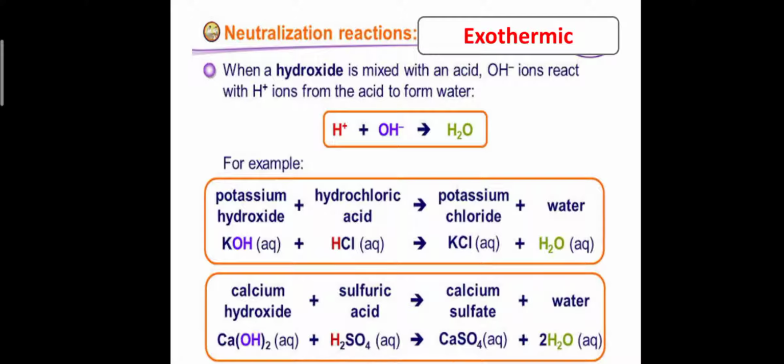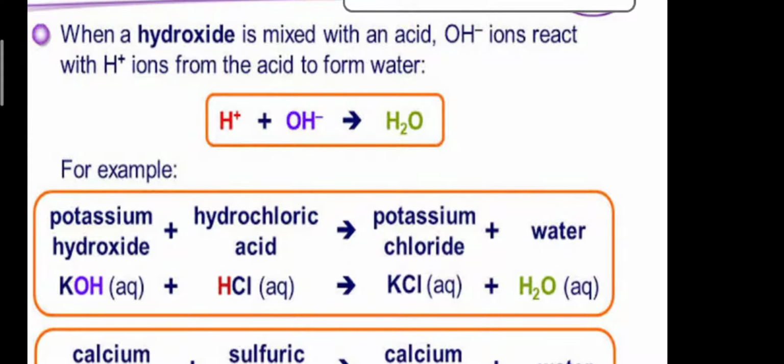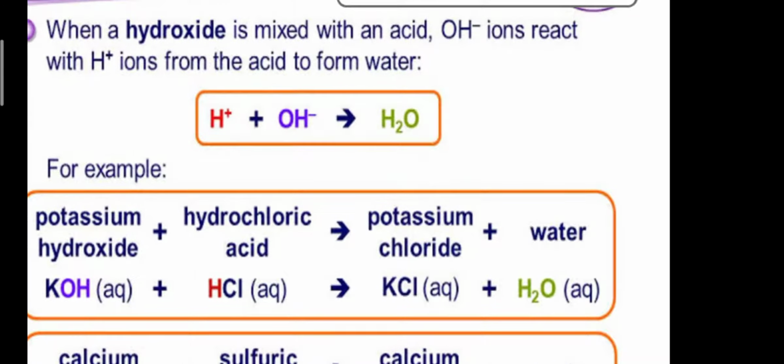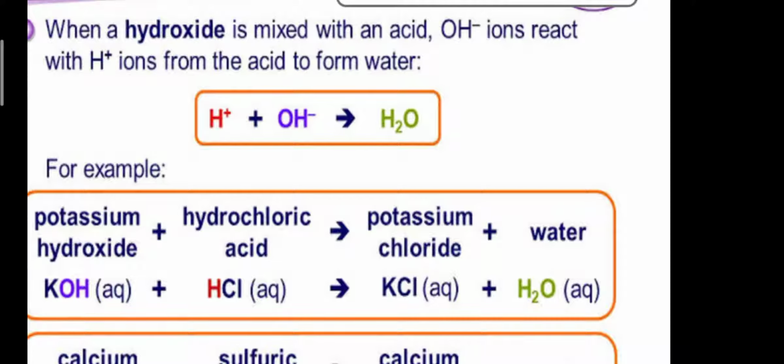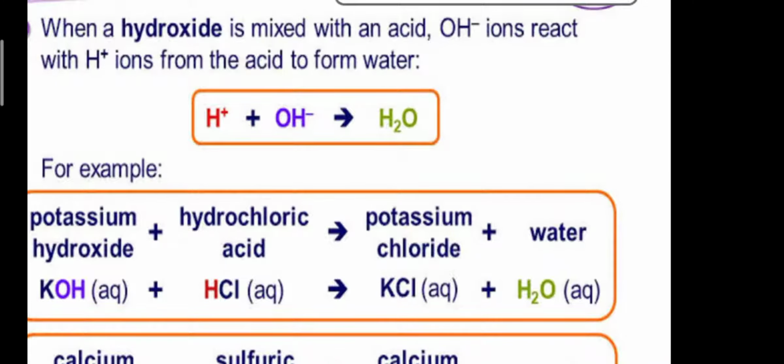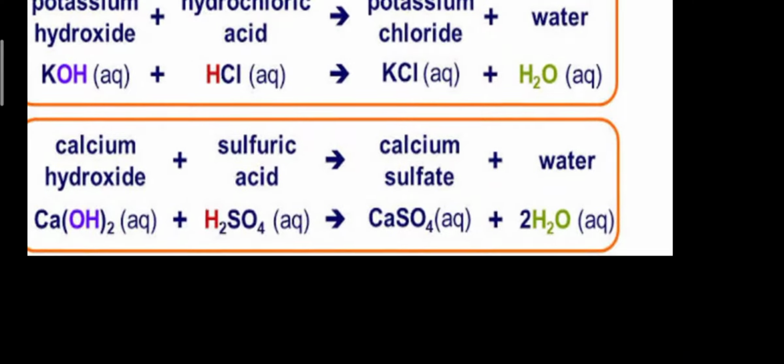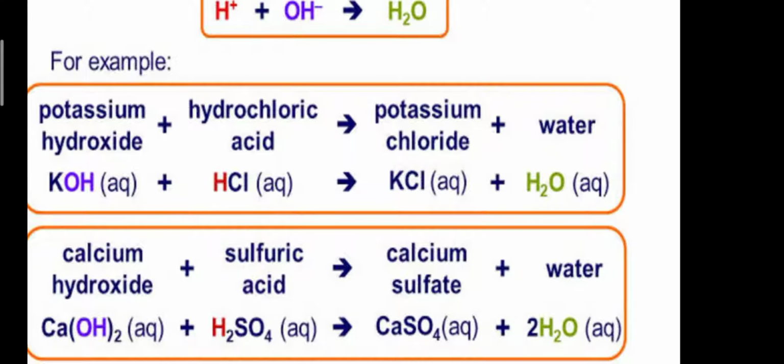Neutralization reactions. It is an exothermic reaction. When a hydroxide is mixed with an acid, OH- ions react with H+ ions from the acid to form water. For example, potassium hydroxide, that is KOH, reacts with hydrochloric acid, that is HCl. Potassium chloride is formed and water is produced by the reaction of H+ of the acid and OH- of the base.